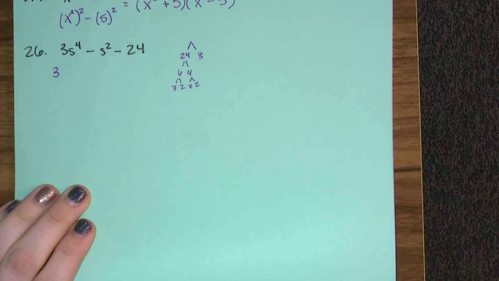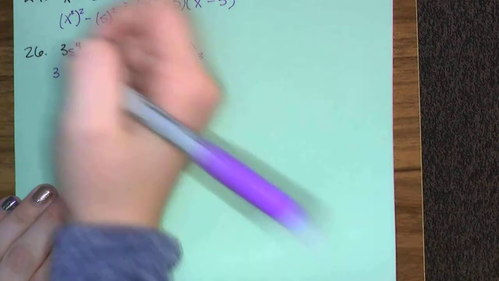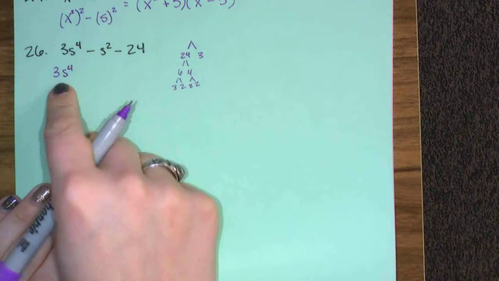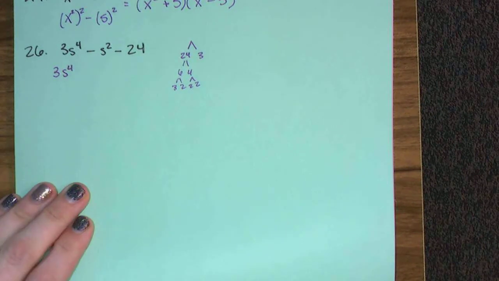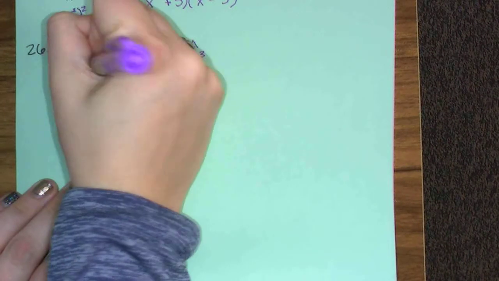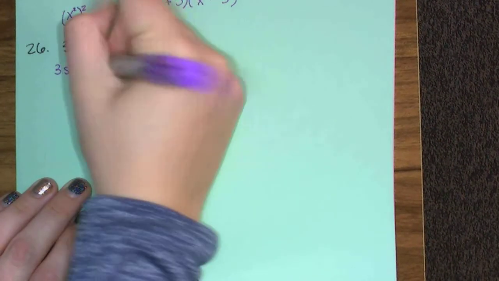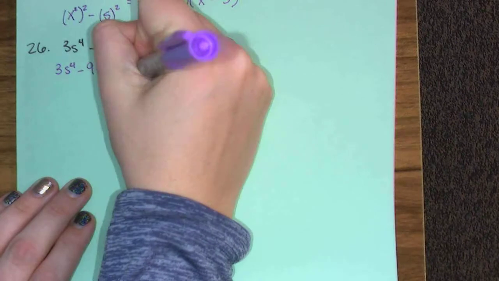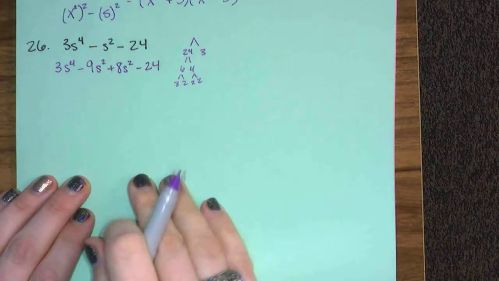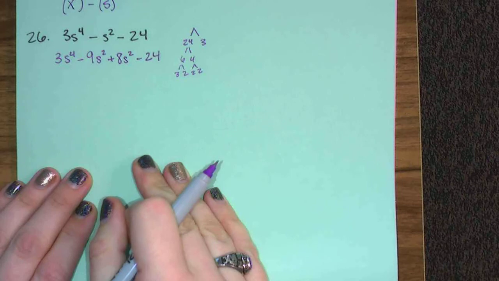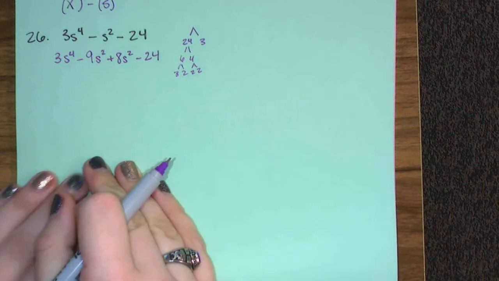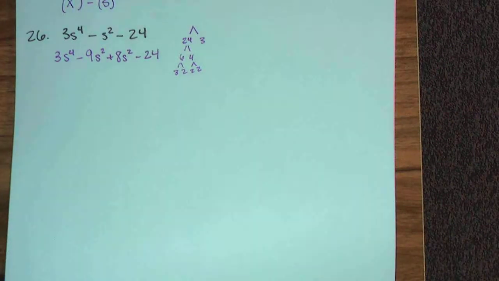No. You multiply. Everything is multiplied. So we have 3s to the 4th, make sure we pay attention to what the variables are there, the powers on them. Minus 9s squared plus 8s squared minus 24. And then what do I need to do?